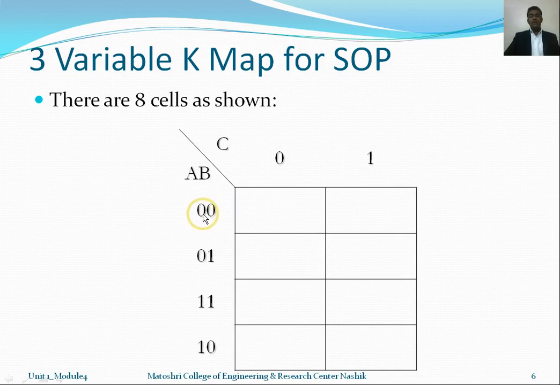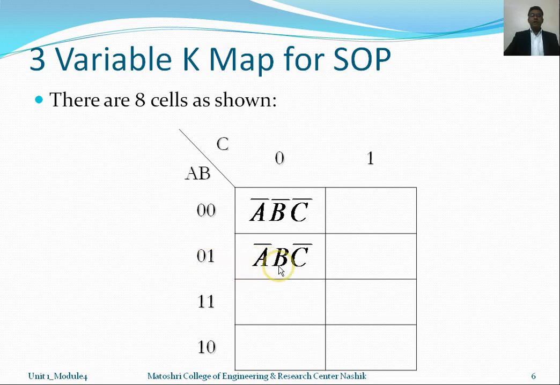From the row side, the A and B values are both 0, and from the column side, the C value is again 0. So that's why it's giving A bar, B bar, C bar. Why? Because when the value of a variable is 0 in case of SOP, it's the complement of the variable. Similarly for the second cell, the value of A is 0 and B is 1.